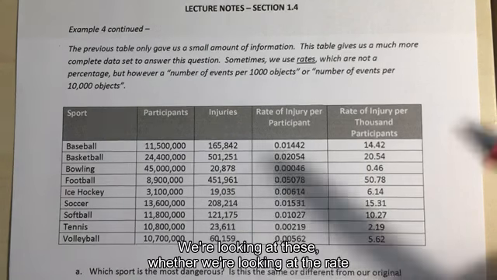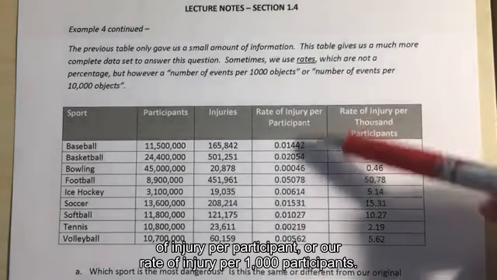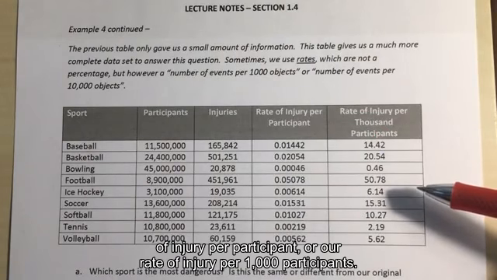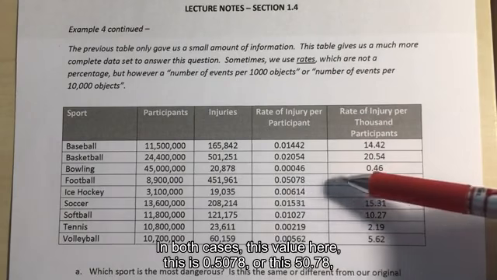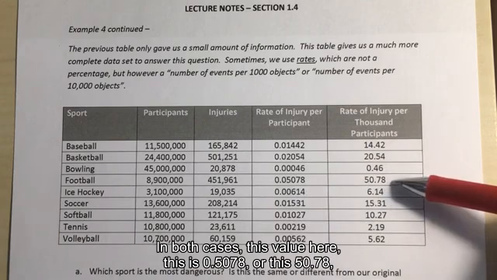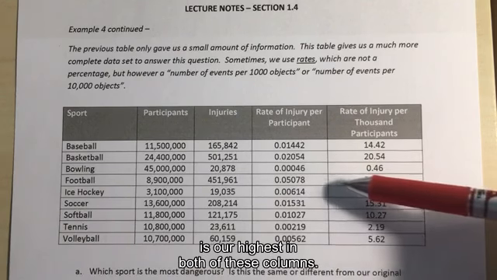Whether we're looking at the rate of injury per participant or the rate of injury per 1,000 participants, in both cases this value, 0.5078 or 50.78, is the highest in both of these columns.